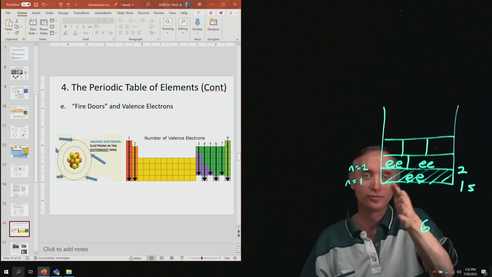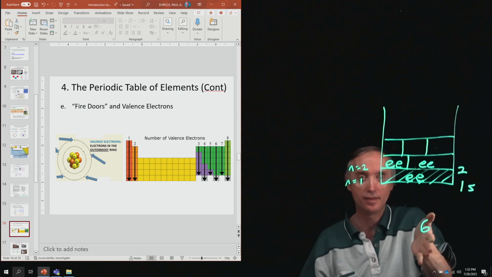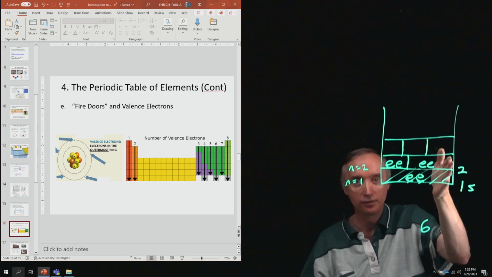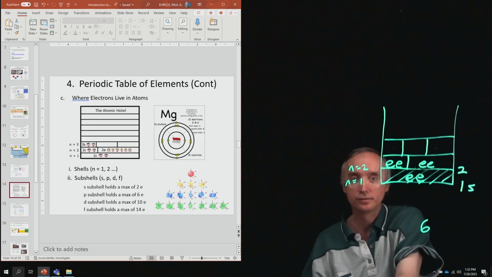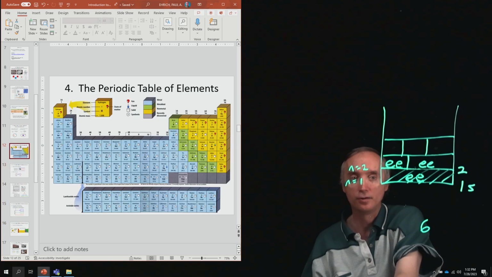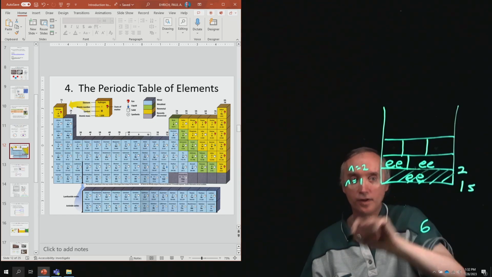So let's go over to the purple and green part, and then you got column 3, 4. So go back to find carbon. Okay, find carbon and look at what column it's in. And do you notice that carbon is in column 4? It has 4 valence electrons.